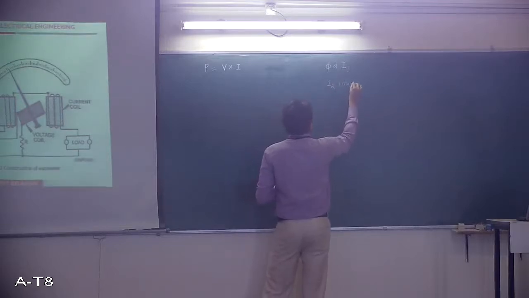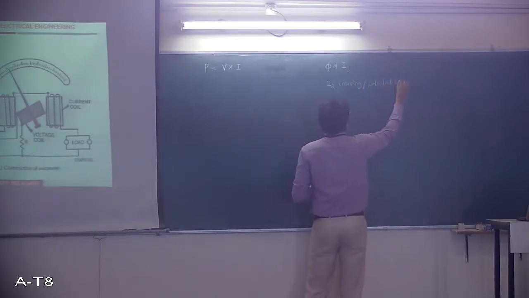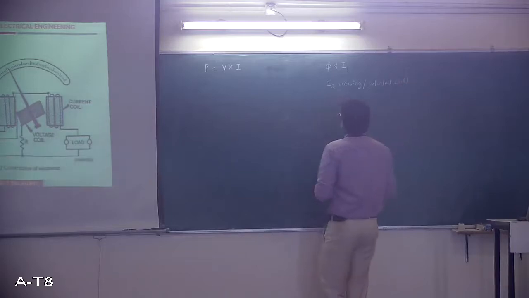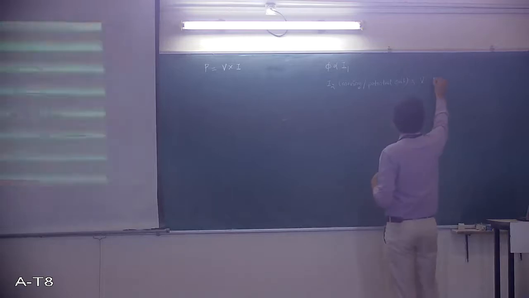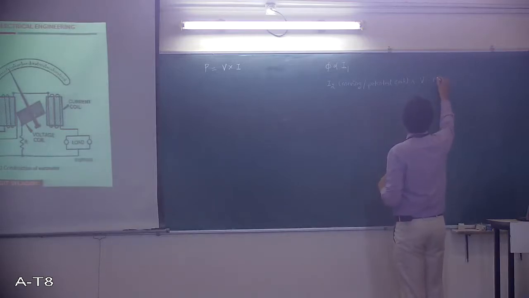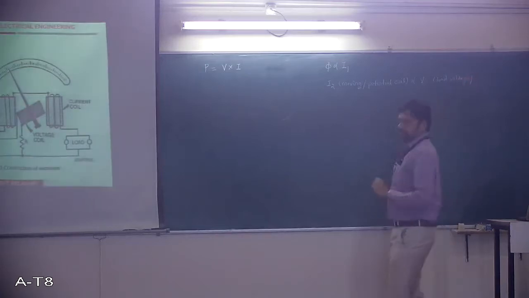I can say moving coil is also called as potential coil, right? This current is proportional to V. V means supply voltage, or you can say load voltage, because they are one and the same.